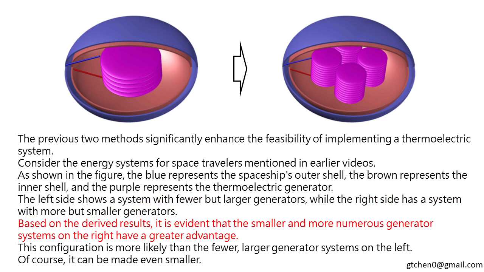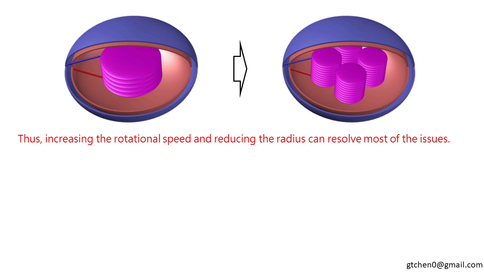Based on the derived results, it is evident that the smaller and more numerous generator systems on the right have a greater advantage. This configuration is more likely than the fewer, larger generator systems on the left. Of course, it can be made even smaller. Thus, increasing the rotational speed and reducing the radius can resolve most of the issues.